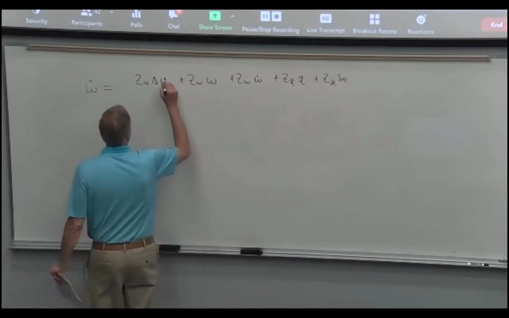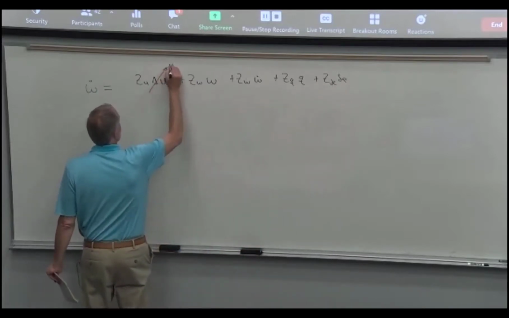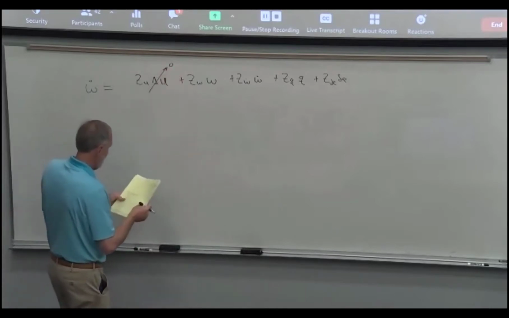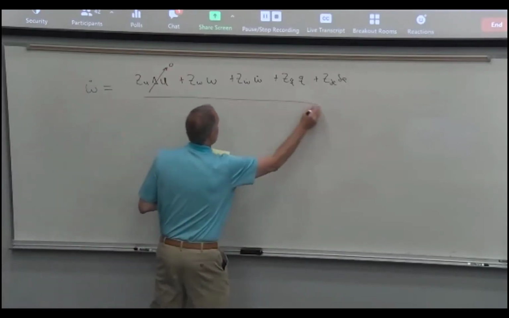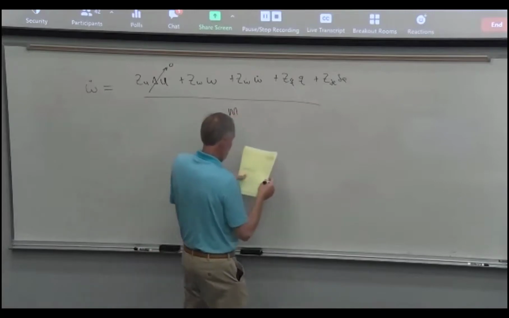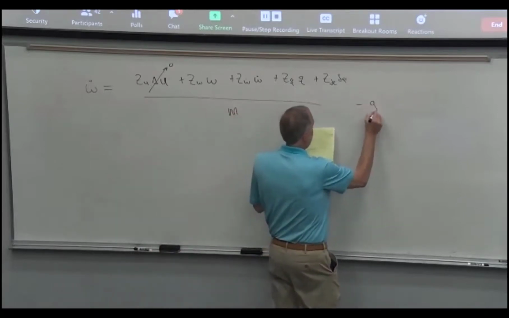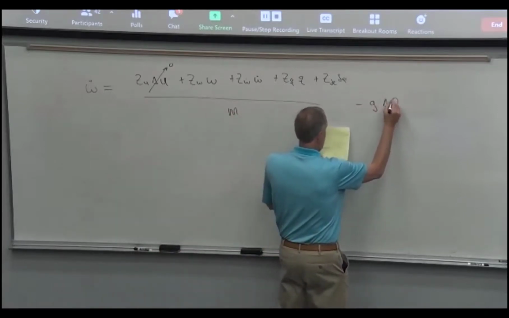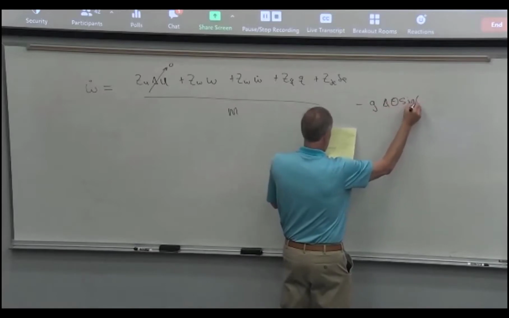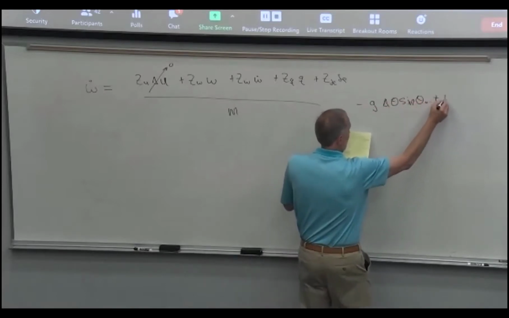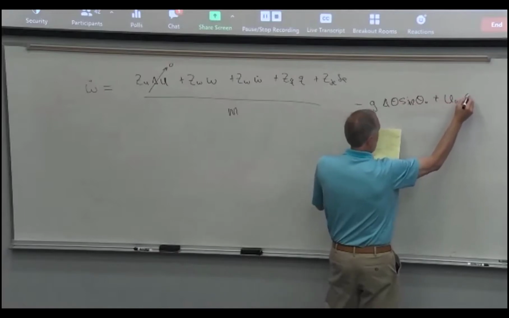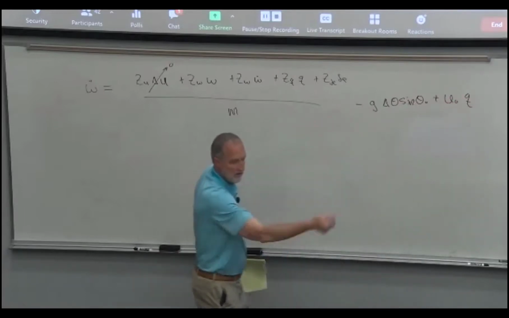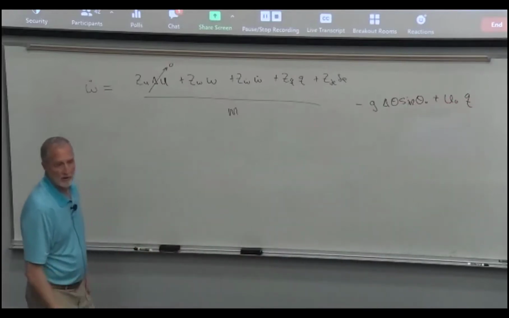And already we can start knocking stuff out because we said, well, this is 0. So we knock that out. The equation has this over the mass. And again, that's just copying the equation from the page where we derived it.